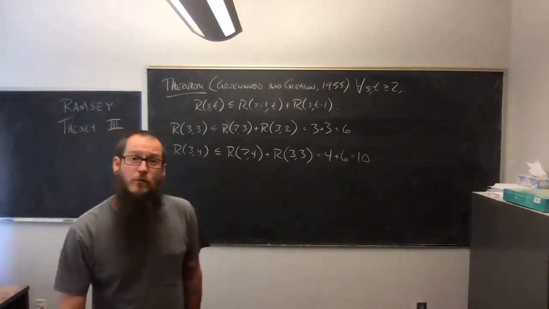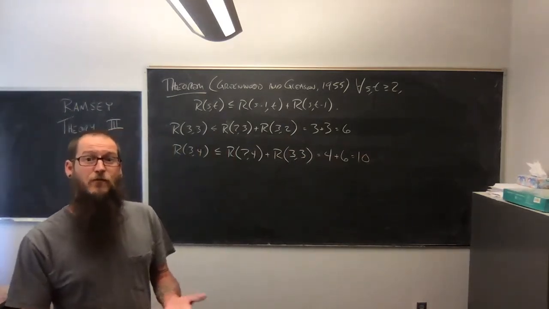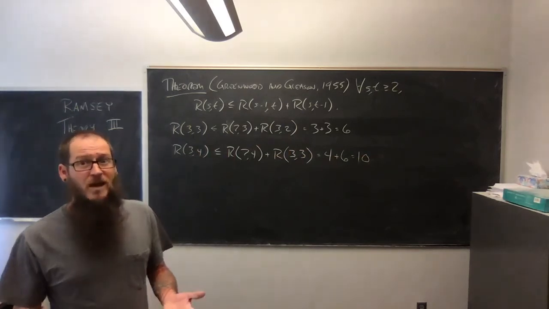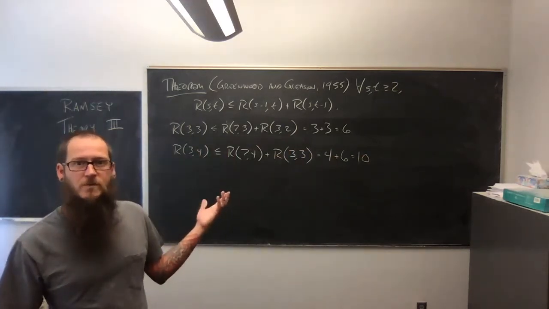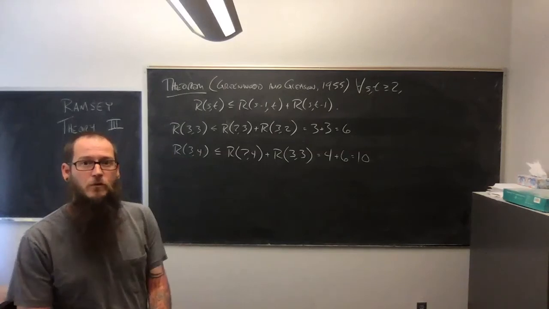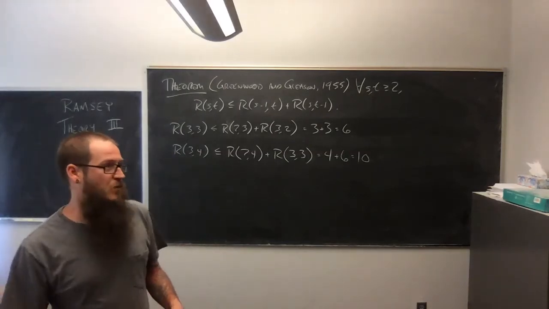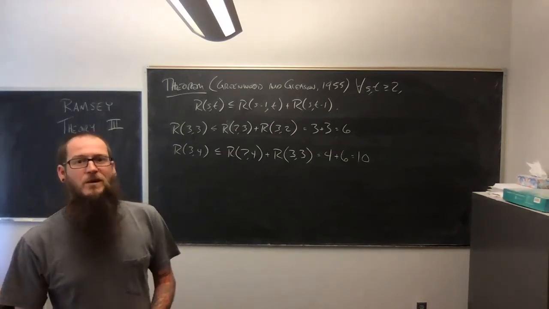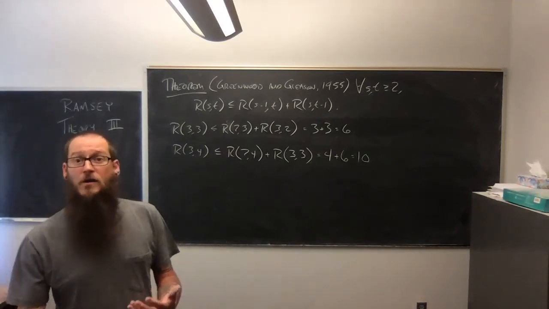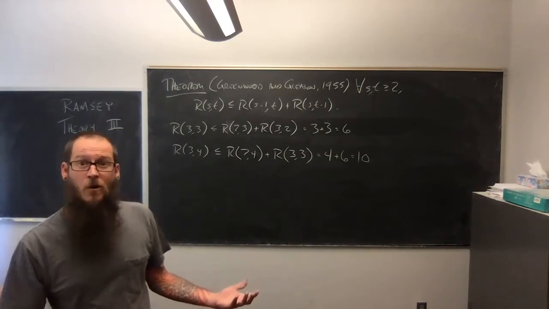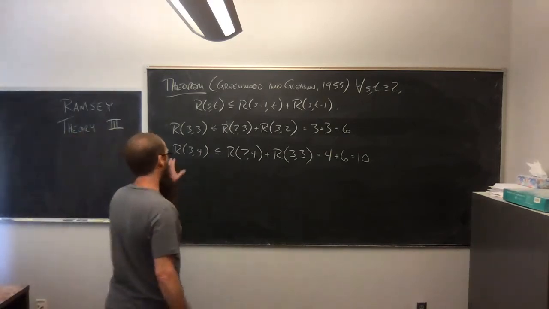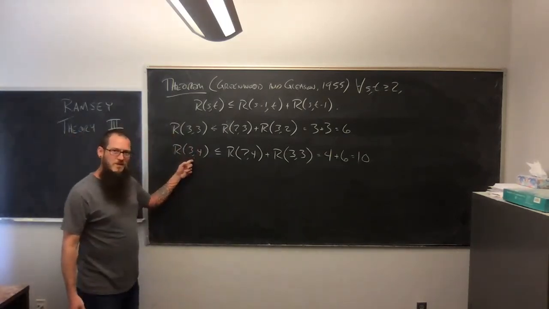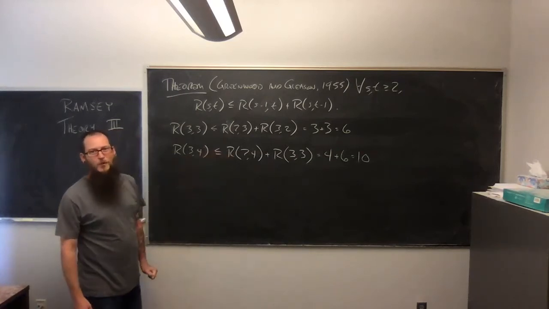And if you remember the proof of that one, we had 3 different cases. Two of the cases looked very similar to the types of cases that we've seen coming up in these proofs. But then there was that third case that we argued never actually happened because there was no graph that would have an odd number of odd degree vertices. That was our argument. So this one isn't quite as strong. We actually know this number is equal to 9, but our general upper bound only gives us 10.